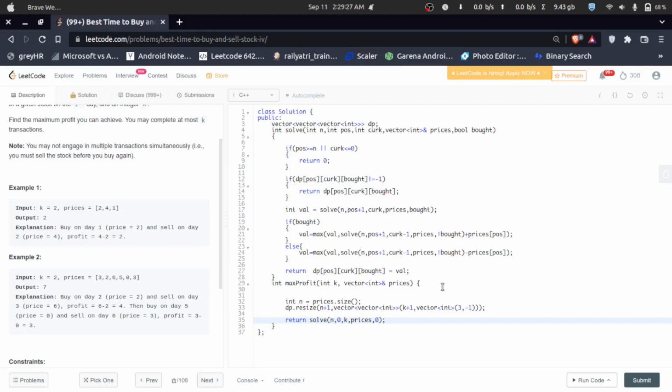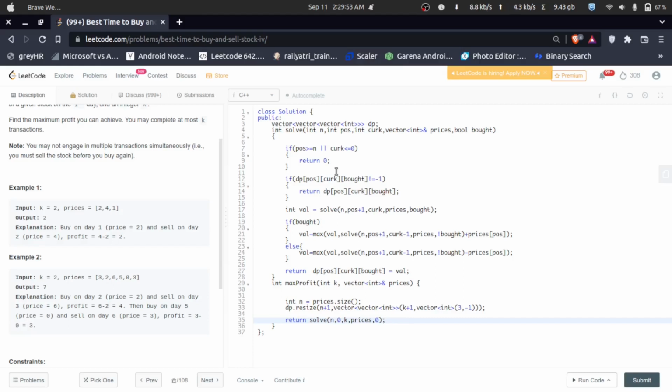So position, current k and the bot, there are 3 variables there basically in that condition, so I will do that. There is a position plus 1 and that one is basically that one.